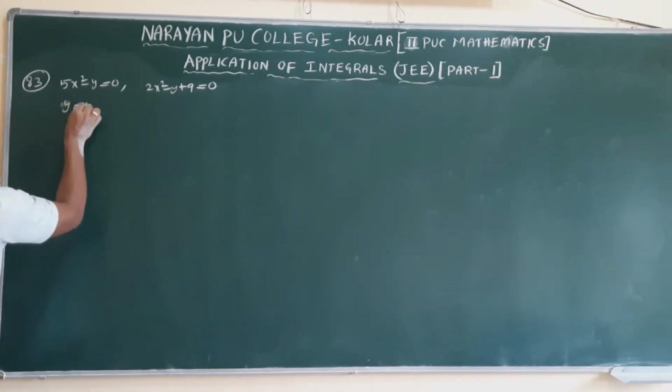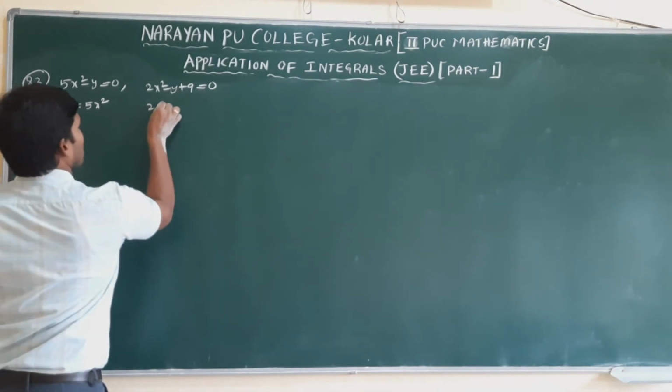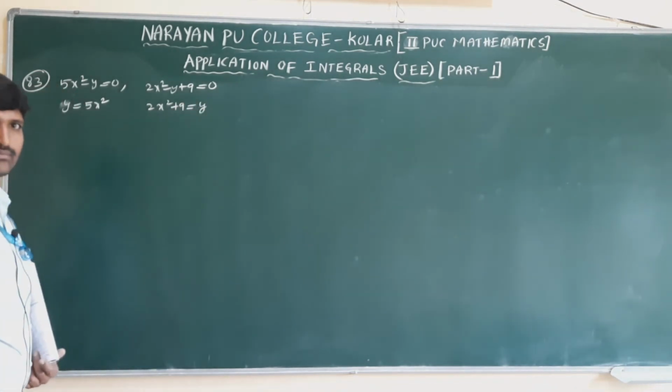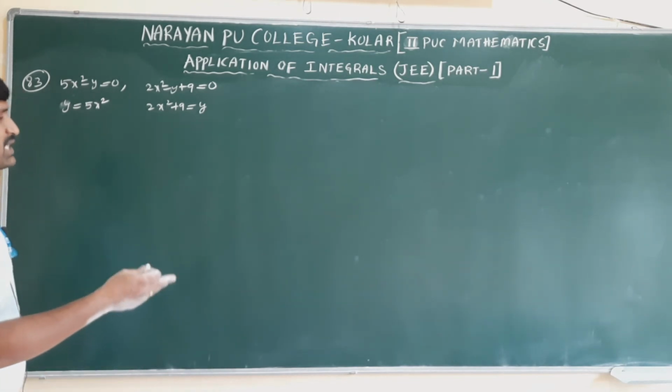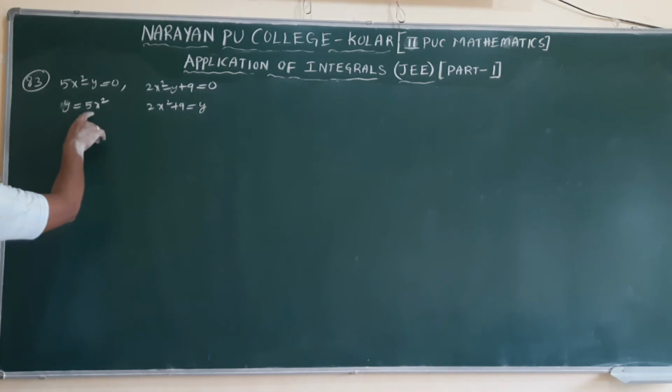y equal to 5x square. This is clearly the third form of parabola. Next, here 2x square plus 9 equal to y. This is also the third form of parabola only, but with a shifted vertex. For the first, the origin is the vertex.